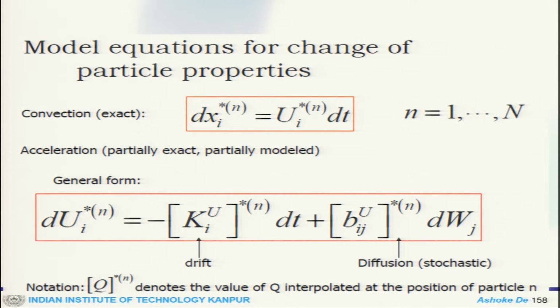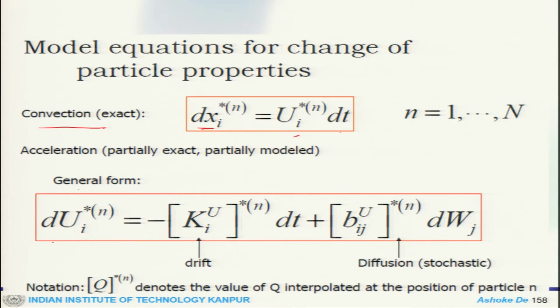Now, the model equation for change of particle properties. First, there would be convection of the particles, so the displacement can be estimated for an individual particle as ui times dt. Then we can have the acceleration part, which is partially exact and partially modeled.